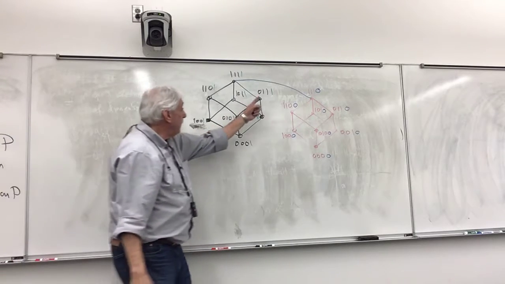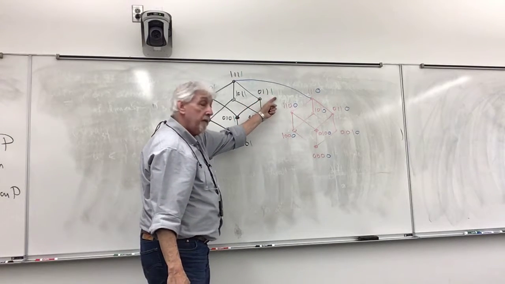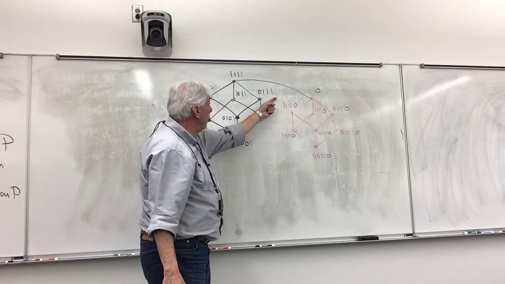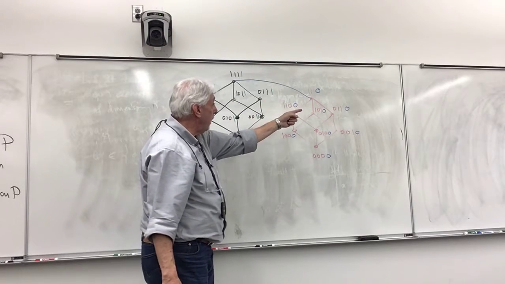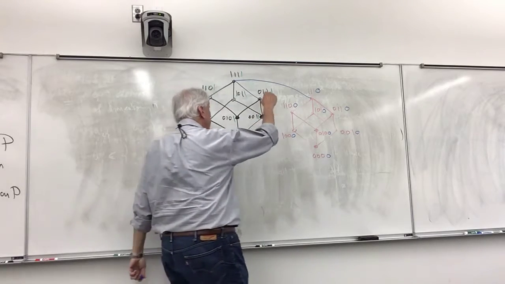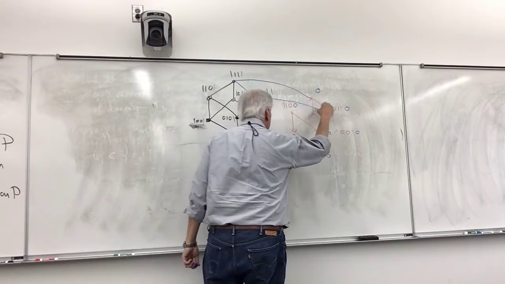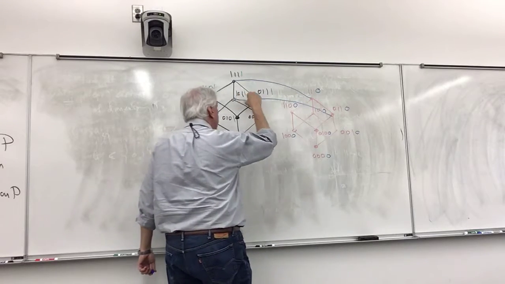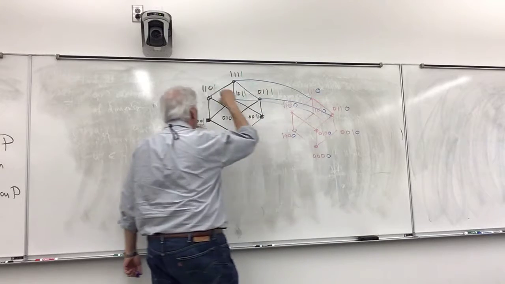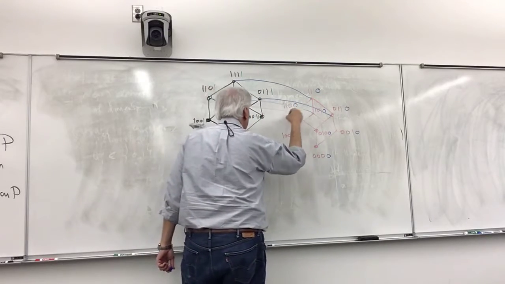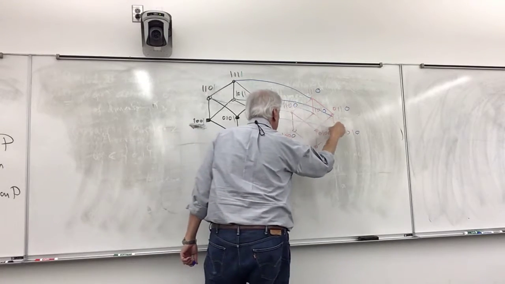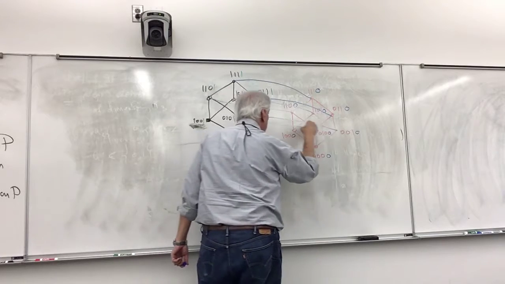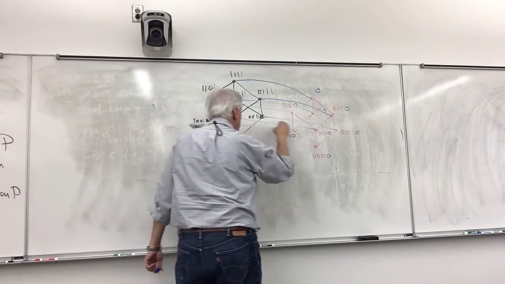So what about 0 1 1 1? It's adjacent to 0 1 1 0. So this edge is there. And this edge is there. And this edge is there. And this edge is there. And this edge is there. And this edge is there.